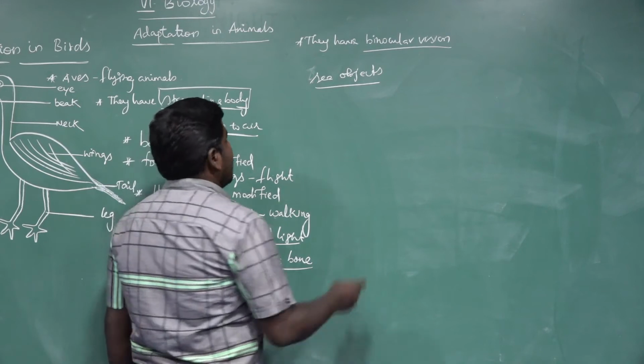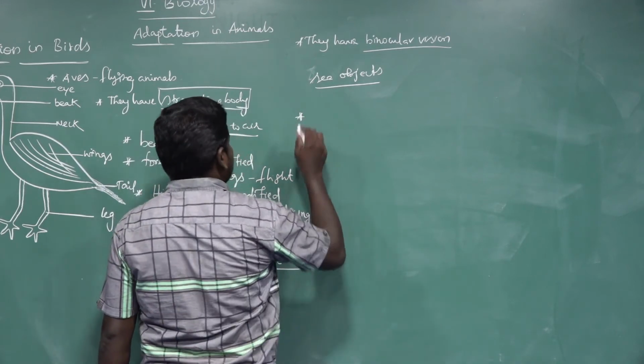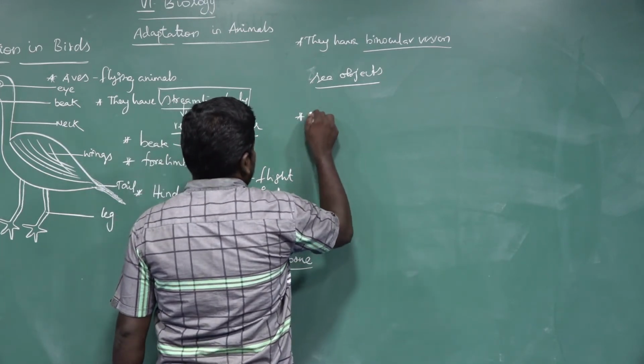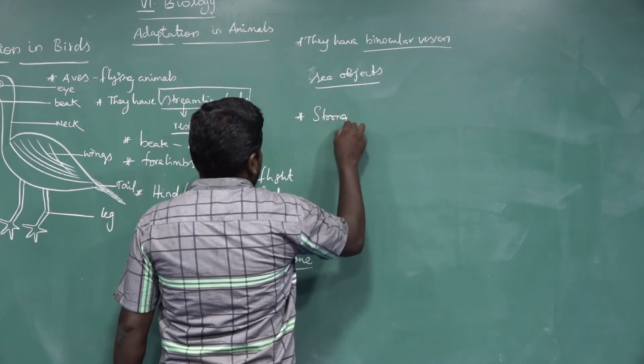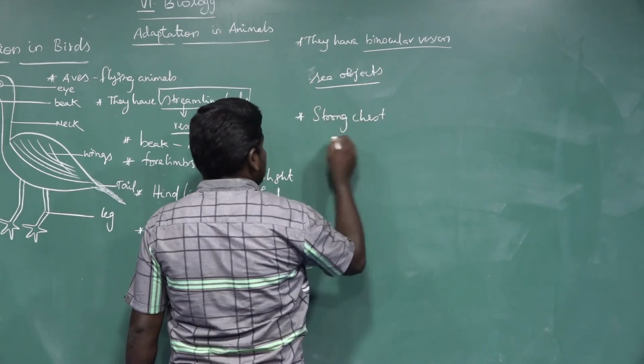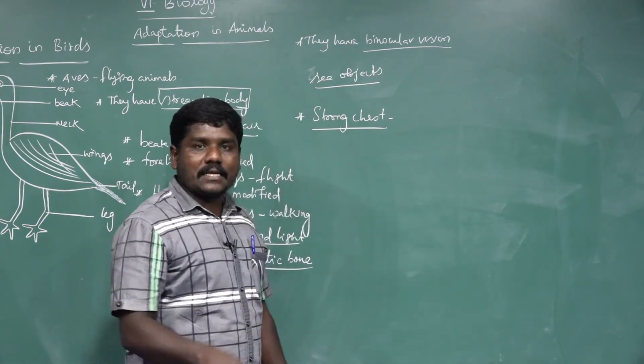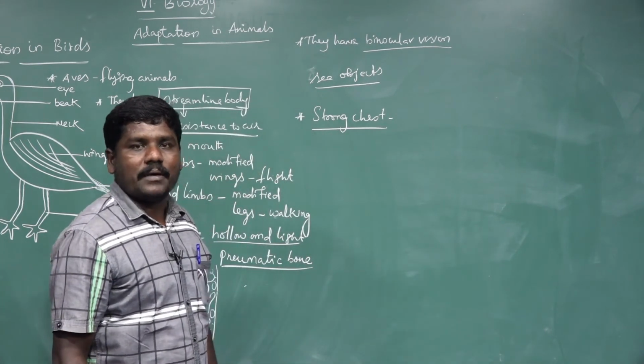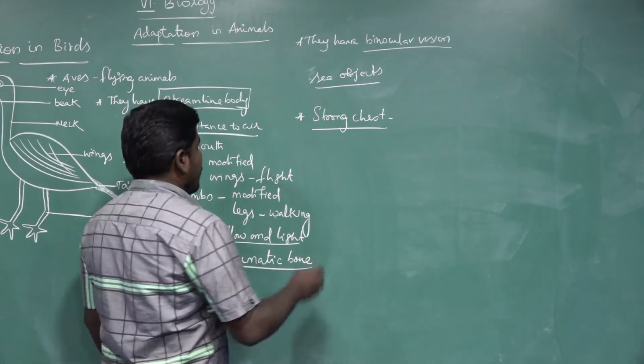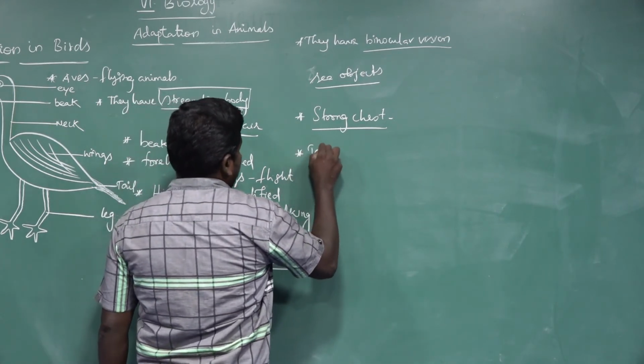Go on. And then another one, the strong chest muscles, which help with the resistance of air. And then another one, tail region.